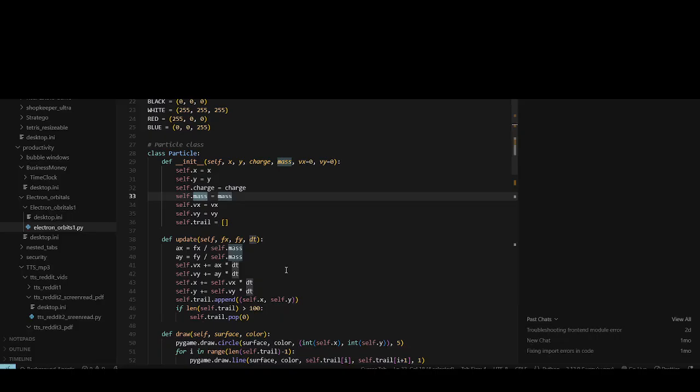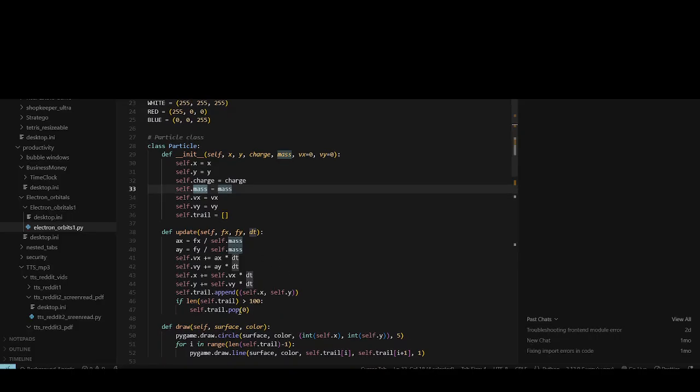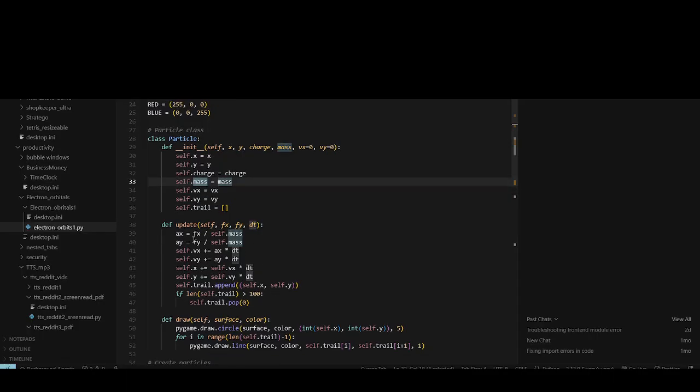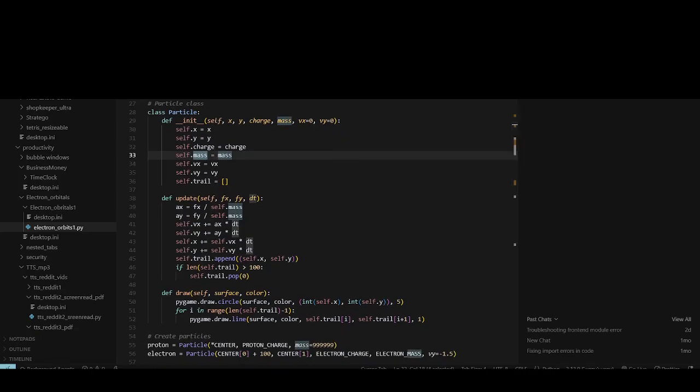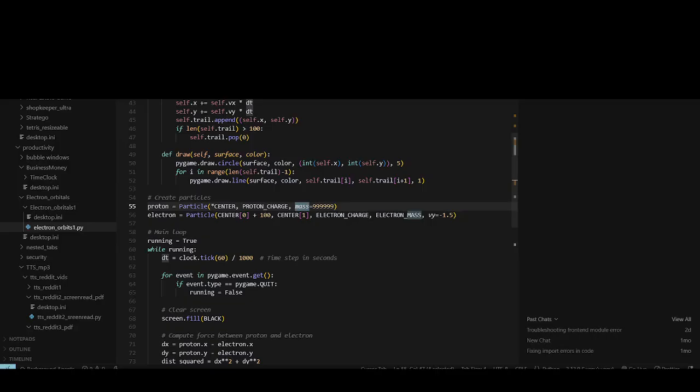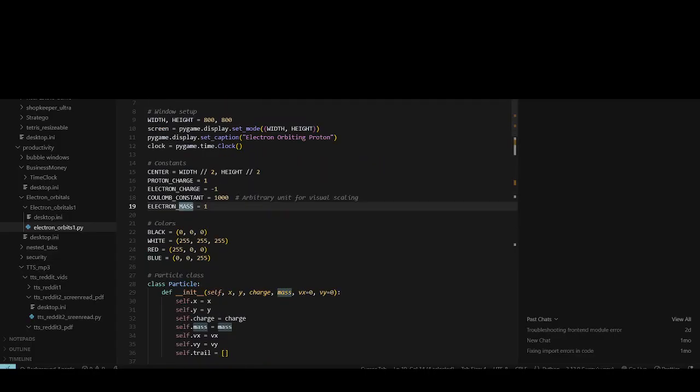I think this is something to do with what we're doing, but trail of pen. Okay, so I'm pretty sure this is very much involved with the movement and the drawings. Let's see any more mass. Proton particle mass equals really big. Electron particle mass, I guess 80, electron mass equals the declared constant. I don't know why the proton wasn't just a declared constant.